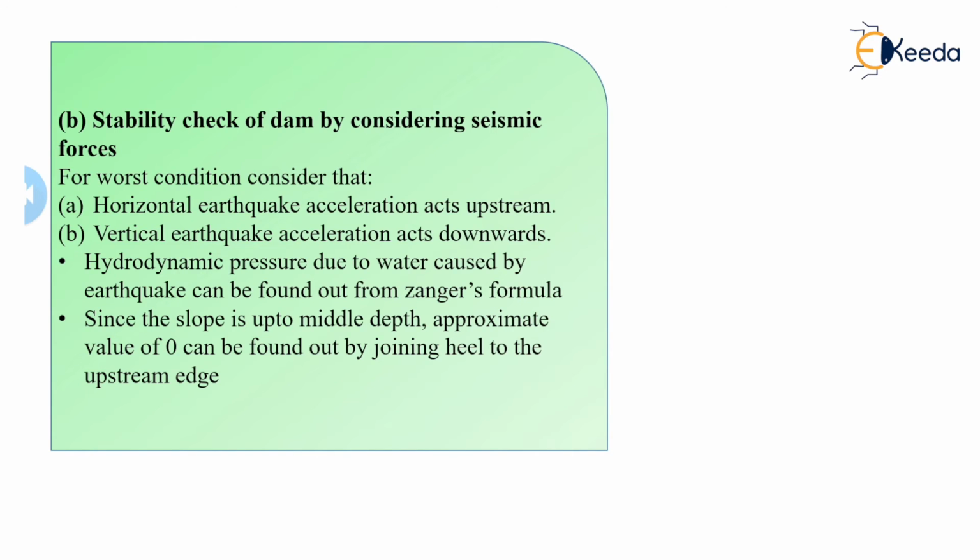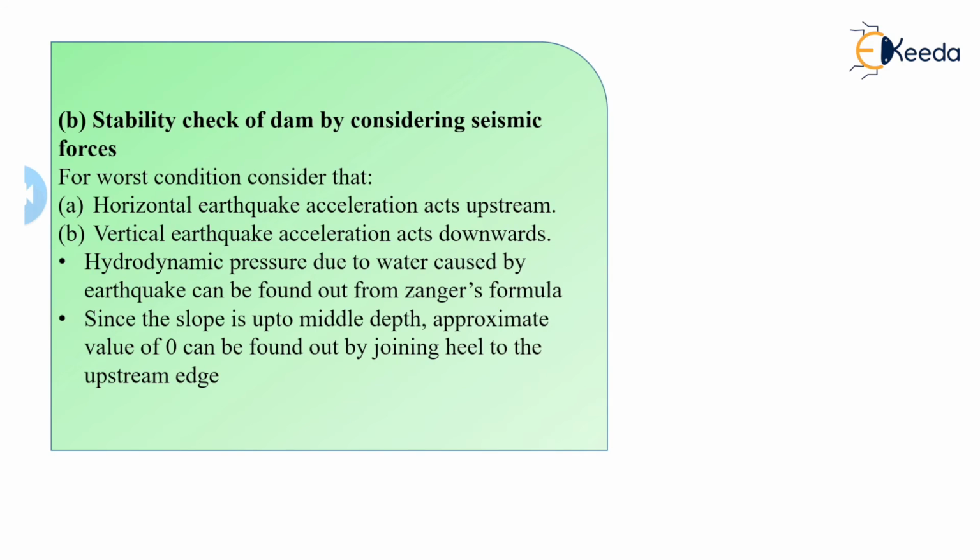The hydrodynamic pressure due to the water caused by the earthquake can be found using Zanger's formula. If you remember, when the upstream face is vertical, we can simply adopt Von Karman's formula for finding the hydrodynamic pressure.